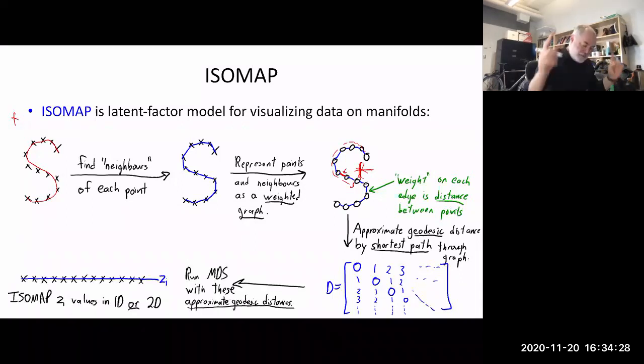And then after you do that, you run multi-dimensional scaling or MDS with these geodesic distances, right? So instead of Euclidean distances, you compute geodesic distances and then run MDS on that, and that returns you an embedding Z for every data point that reflects the distances, or tries to maintain the distances.